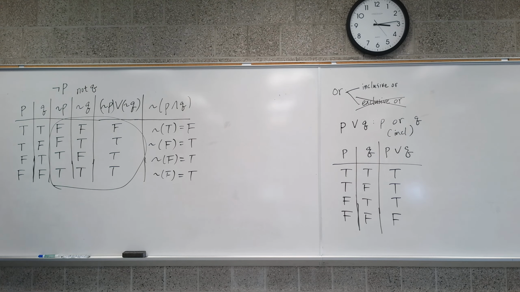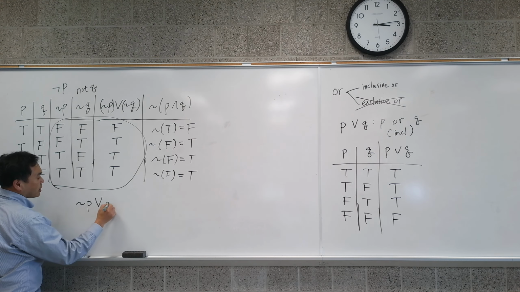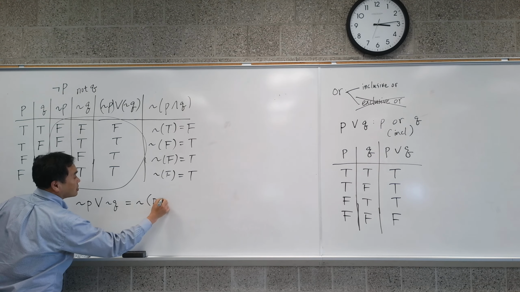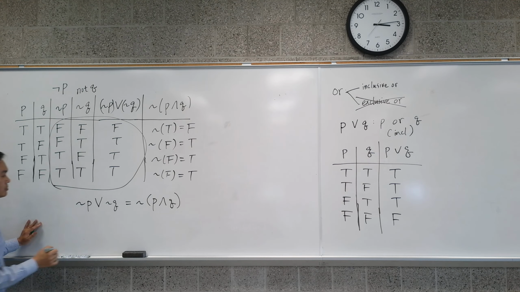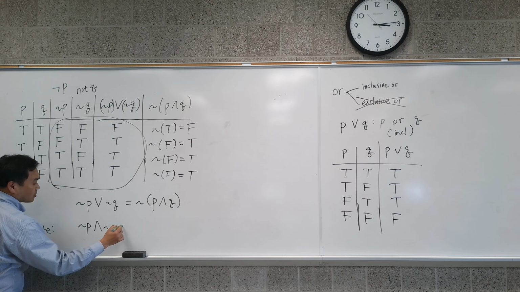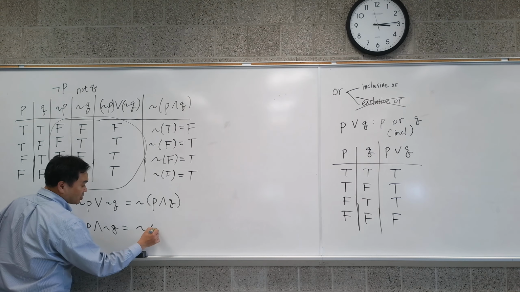So now we have an equivalence which says that not P or not Q is equal to not of P and Q. Now you can also verify that not P and not Q has the same truth table as not of P or Q.